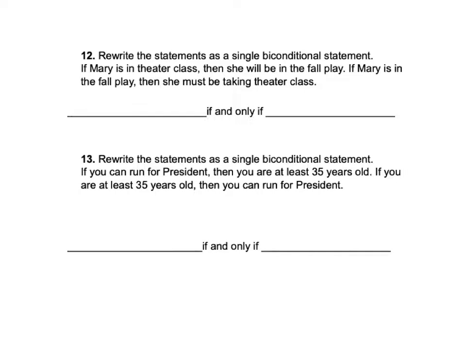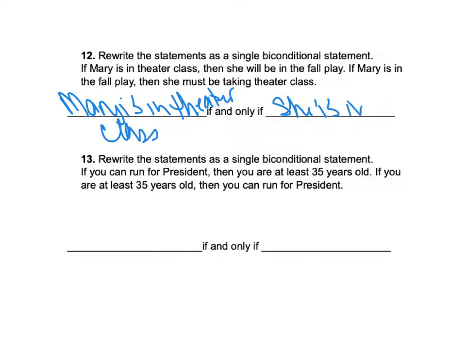So the if and only if statement would be: Mary is in theater class if and only if she's in the fall play. You could also say Mary is in the fall play if and only if she's in theater class.